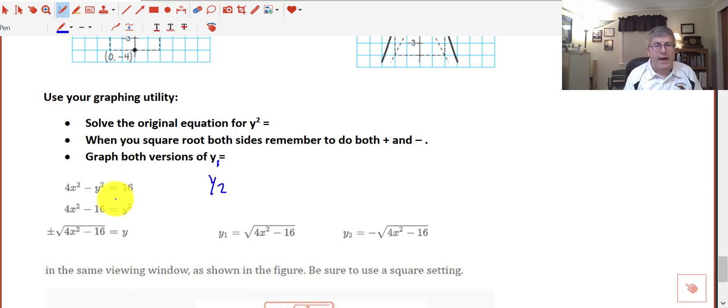So it looks like we're going to add y squared and we're going to subtract 16. So here we go. We square root both sides. We get plus or minus the square root of 4x squared minus 16 equals y. So our y sub 1 would be the positive version. Our y sub 2 would be the negative version. We view them in the same viewing window, use a square setting, and you'll get a nice diagram of your hyperbola. And we'll get some more practice with hyperbolas and graphing them when I see you in class.